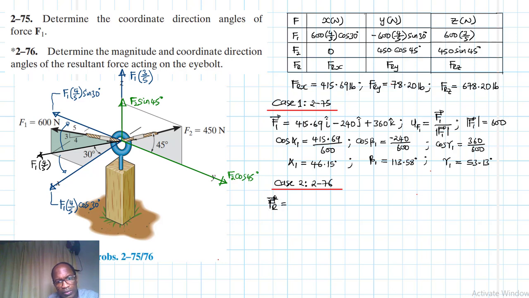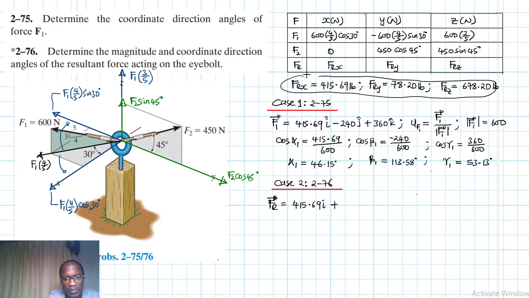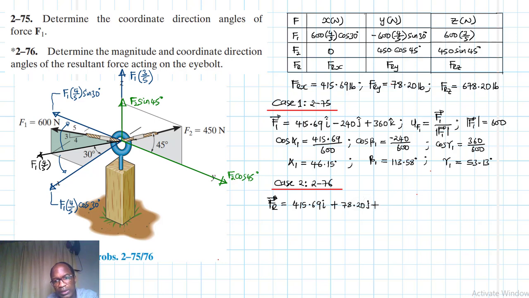The resultant is equal to 415.69 i plus these values here, I'm just summing up, plus 78.20 j plus 678.20 k.